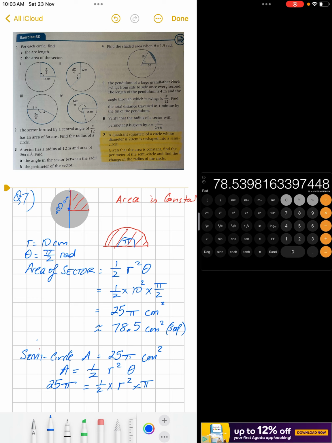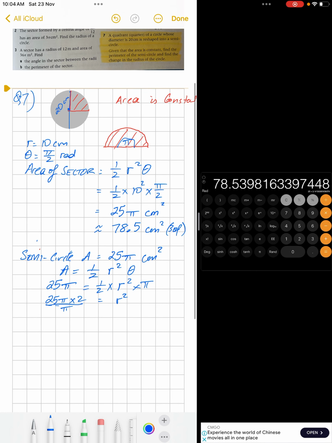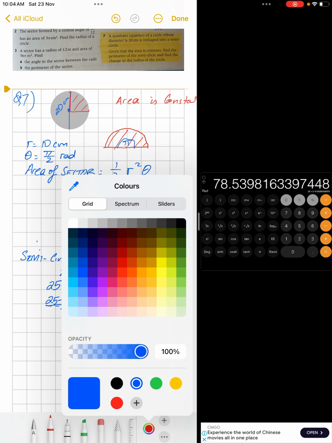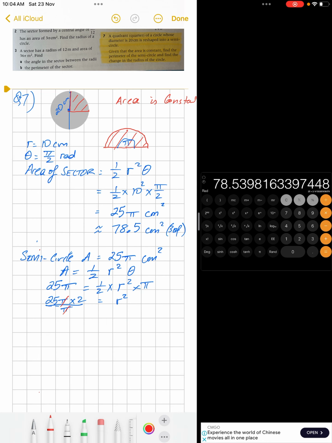Okay, so let's take the half across to be double, take the pi across to be divide, and we've got r squared. The pi's can cancel because you've got a pi on top. It gives us 50, and let's go blue. 50 is r squared.